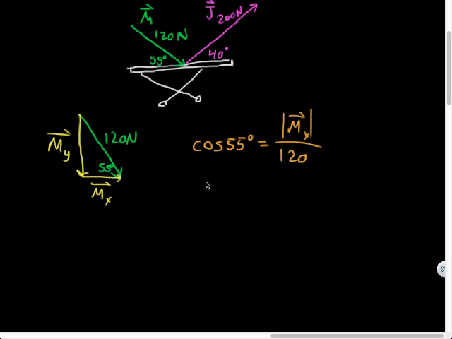So the magnitude of M sub X is going to be 120 times cosine 55. I believe that's about 68.8292.